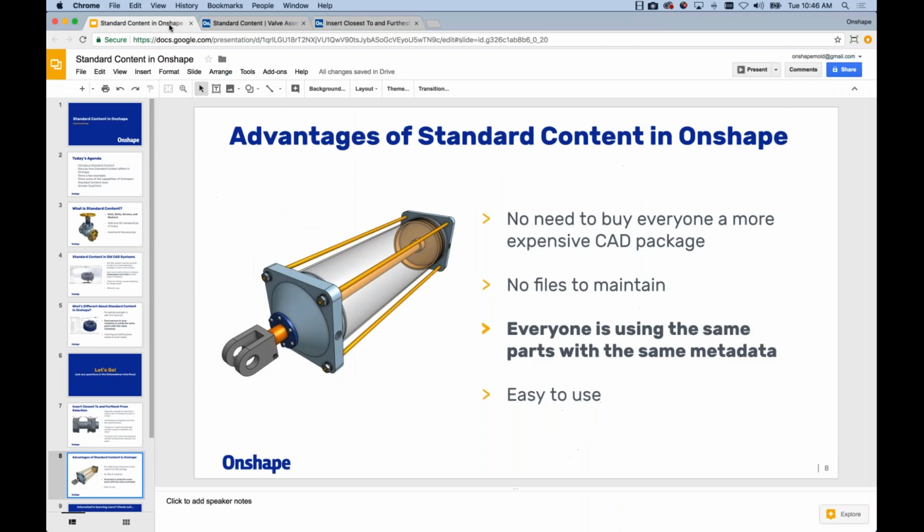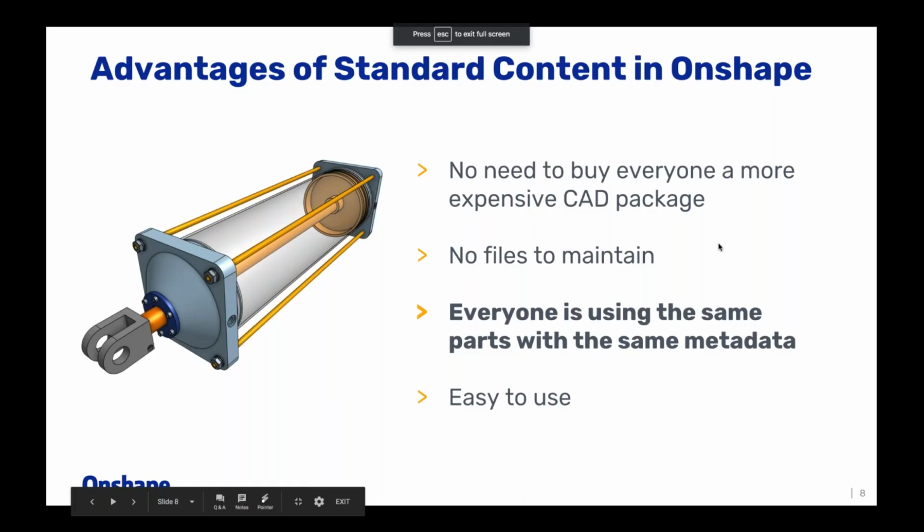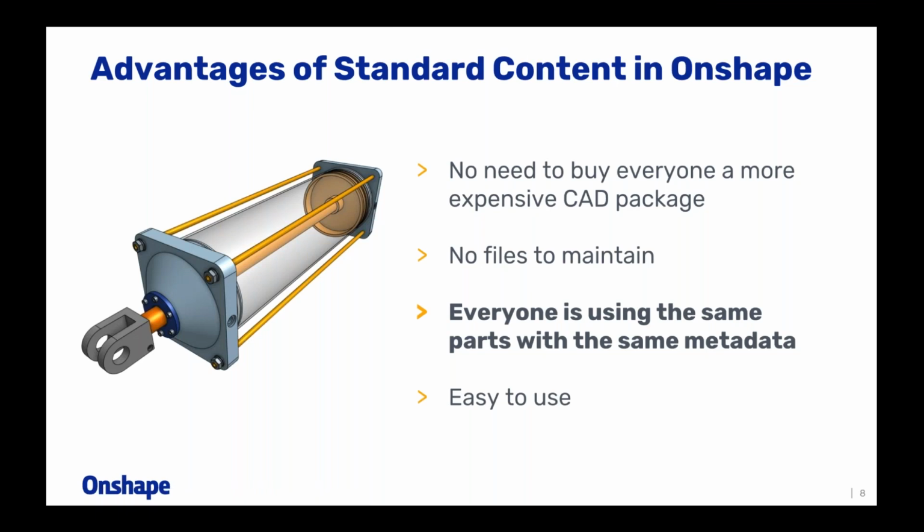One final thing that I wanted to mention about standard content in Onshape, just to reiterate, is everyone in Onshape has standard content. There are no special packages, no installs, no upgrades required. If you go to the assembly, you click insert, there's now an option for standard content. You have no files to maintain, no configuration, no EPDM necessary. It just works, and it doesn't require any kind of setup on your part.